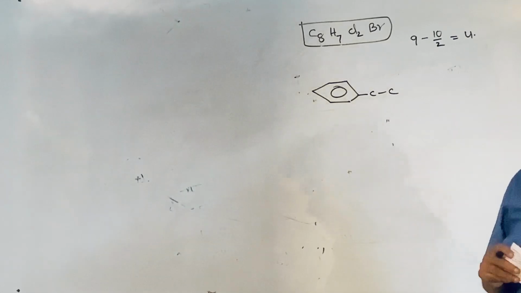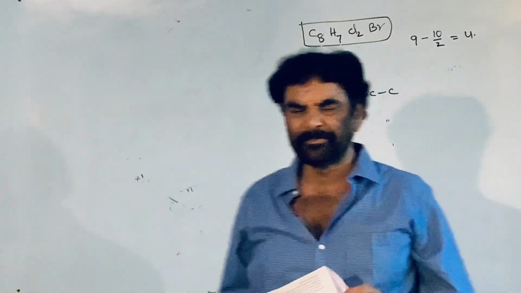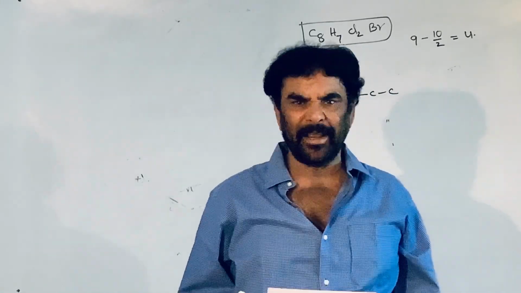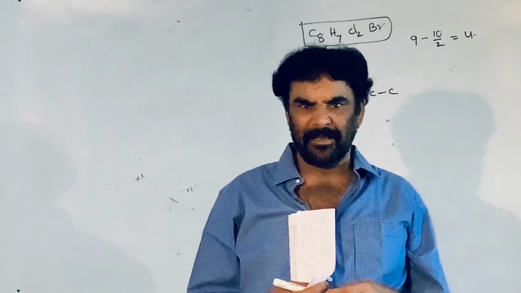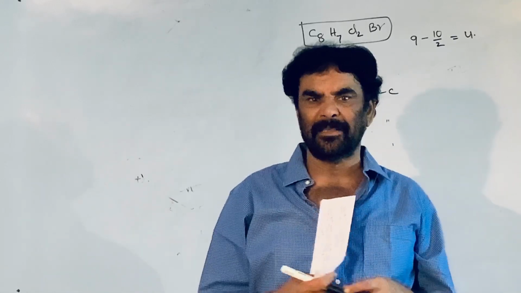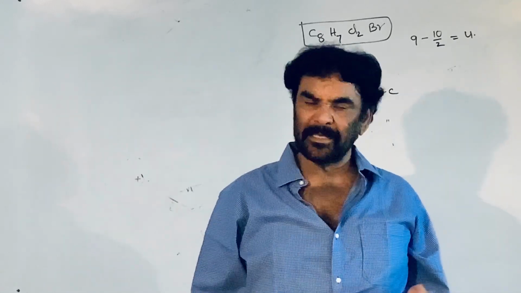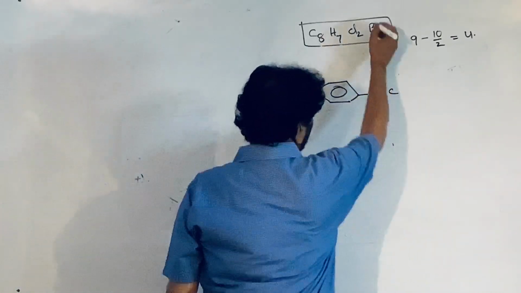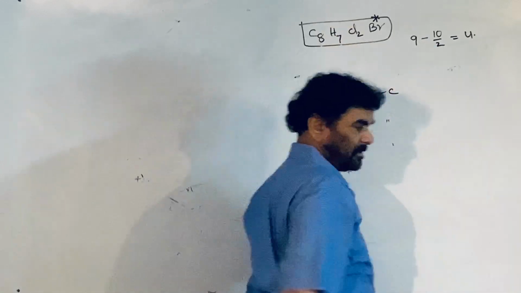This is the property of silver halide. Silver halides are insoluble in HNO3. So that is the pale yellow precipitate, so this must come out.